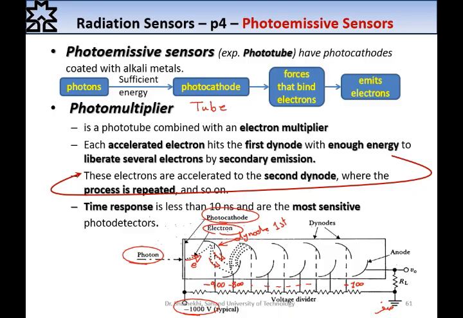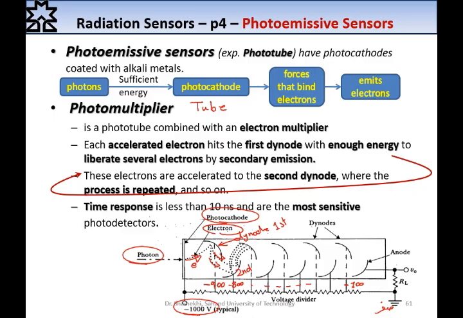These 2 electrons will hit the second dynode and lead to 4 electrons being liberated from the second dynode, and it will repeat.